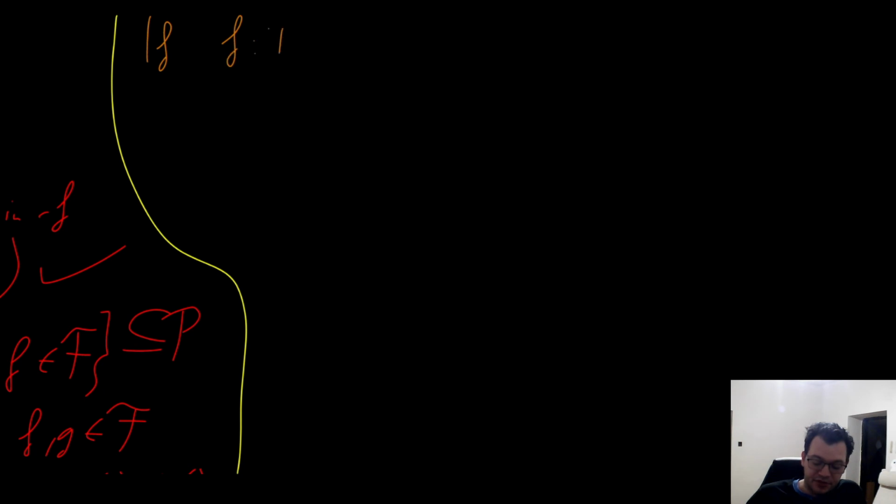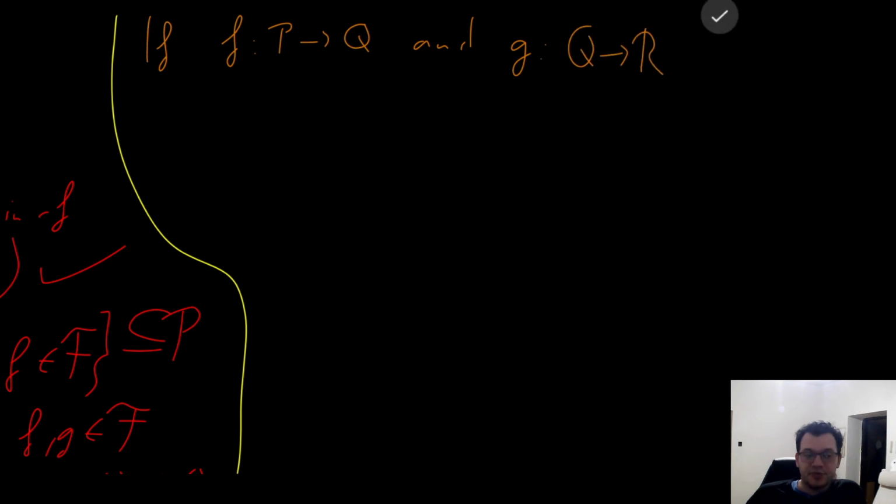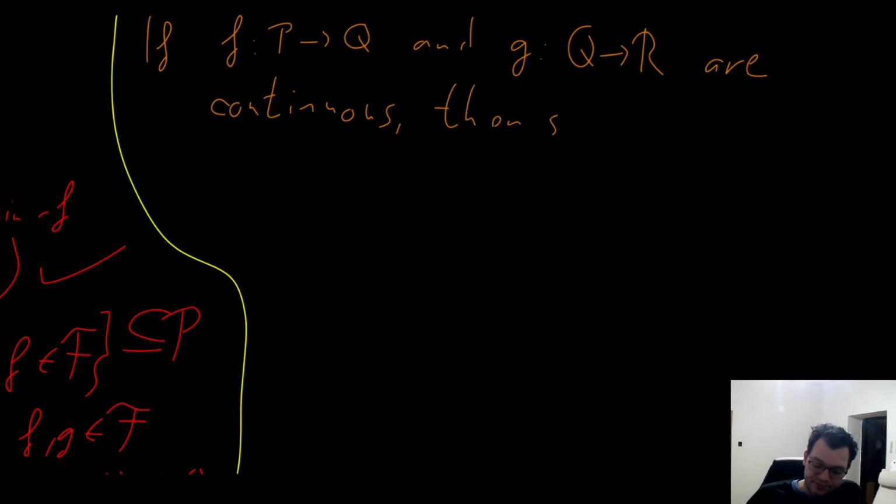Another statement is that if f: P to Q and g: Q to R, so in this case P is the poset of assignments, Q is the poset of n-ary binary vectors, and R is the 2, so it's just 0, 1, are continuous functions, then so is their composition.